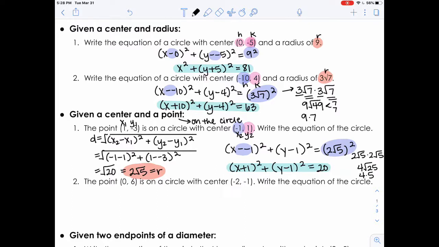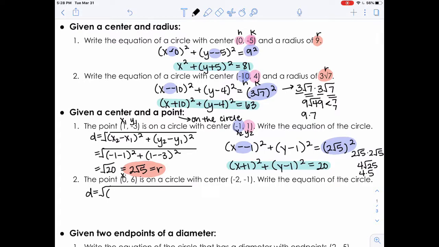For our distance formula, we would get the square root, and let's label our points, x1, y1, x2, y2.